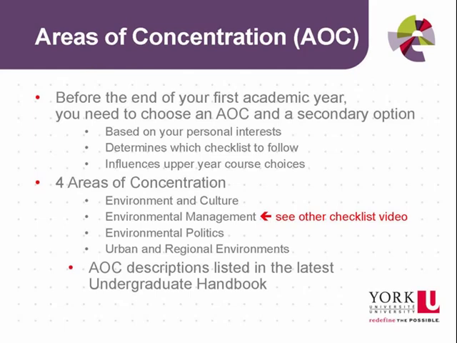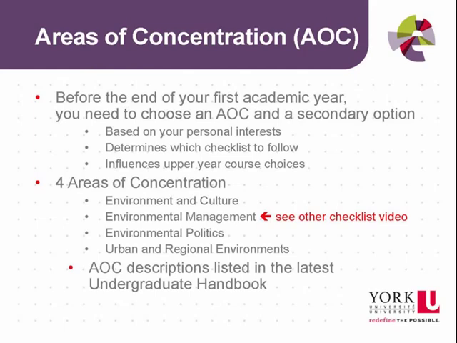The first checklist you'll be required to complete will take place in your first year. At that point, you'll need to decide on two things. Number one, the area of concentration, or AOC, that you wish to follow in the remainder of your program, and number two, a second area of concentration, should your interest change during your studies.